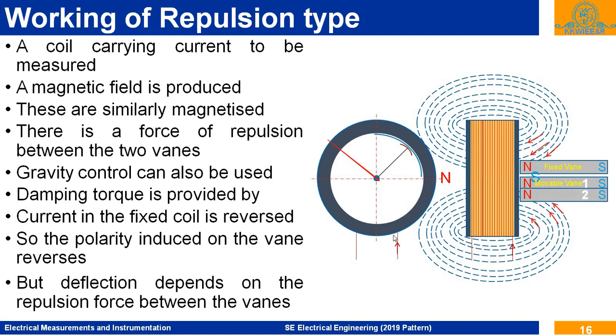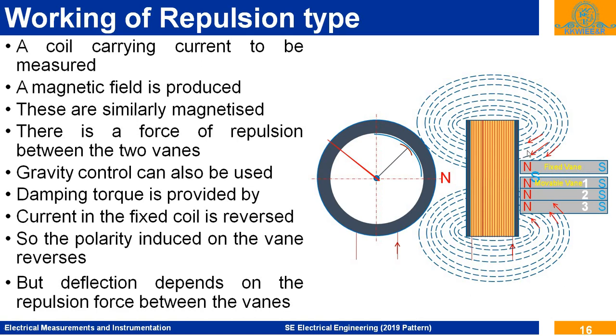As the field strength increases, or the current through this coil increases, it will repel to the second position. As the magnitude of current through this coil increases, it is repelled to position 3. So this force of repulsion depends on the magnitude of current flowing through this coil.